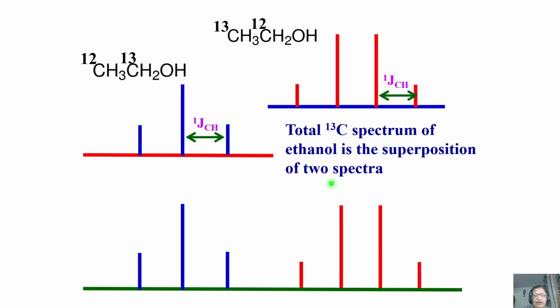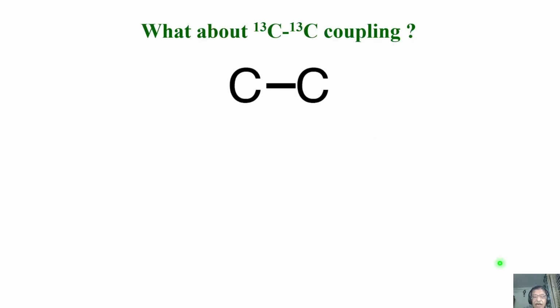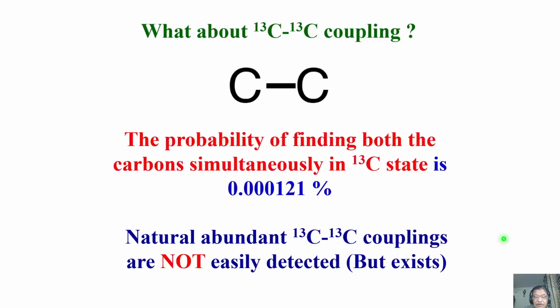So basically what you are going to see is the spectrum of each isotopomer individually, superimposed. Carbon 13 couplings in natural abundance are not detected because of the low probability, but that does not mean the coupling is zero. You don't say it is non-existent. It exists. The only thing is we don't see it. That's all. I hope the point is clear now.